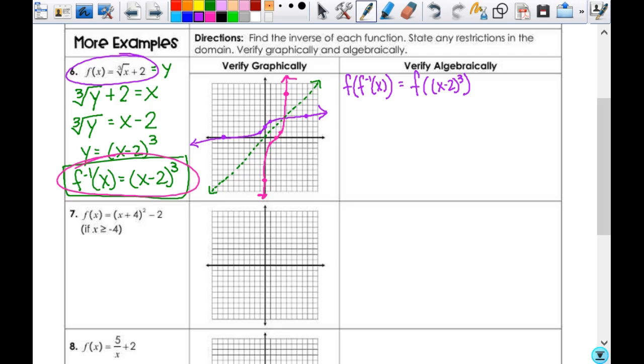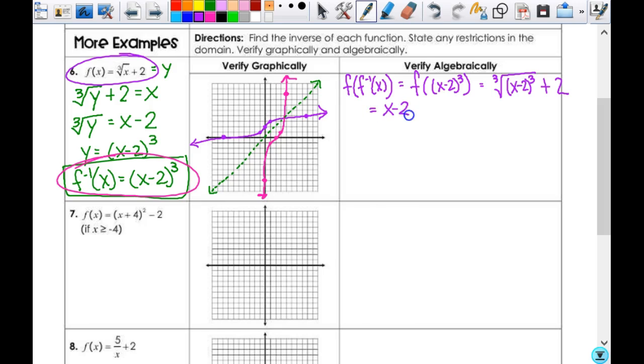So if I take that and I'm going to substitute it back into f of x, that's going to give me the cube root of (x - 2) cubed plus 2. Everybody with me? What's the cube root of (x - 2) cubed? x - 2.